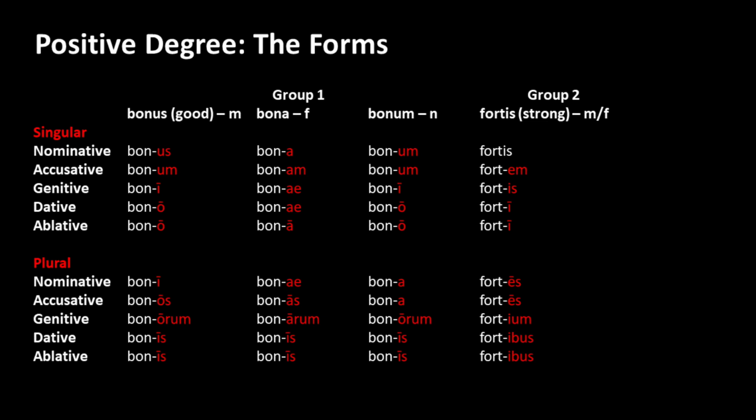The difference is in the ablative singular, which ends for adjectives not in E, but in a long I. This is, by the way, not an invariable rule, but it is very often the case. This much being established, let's have a look at the neuter form of group 2 adjectives.